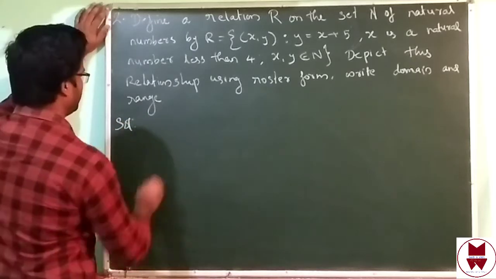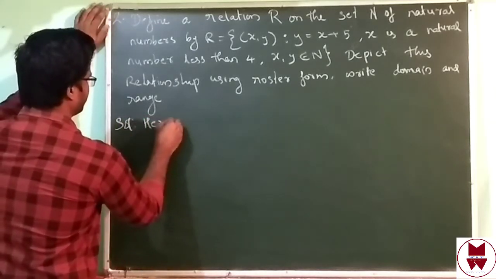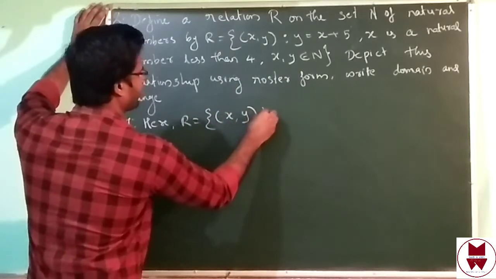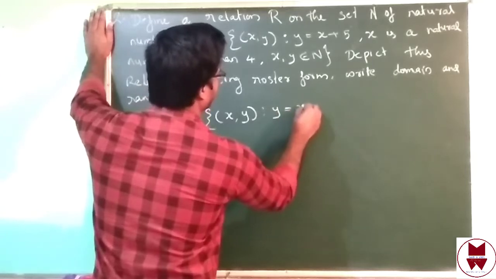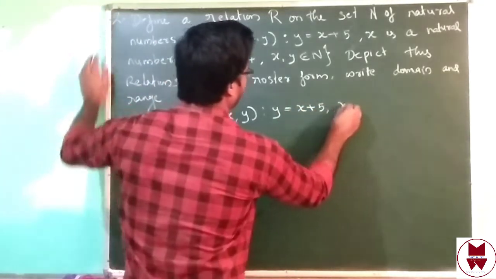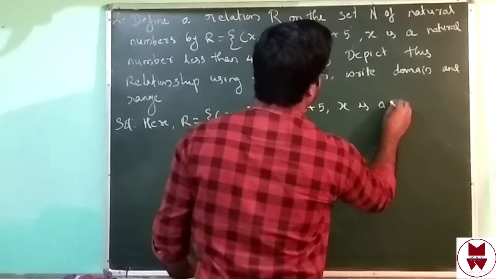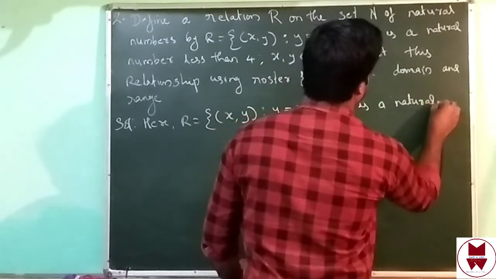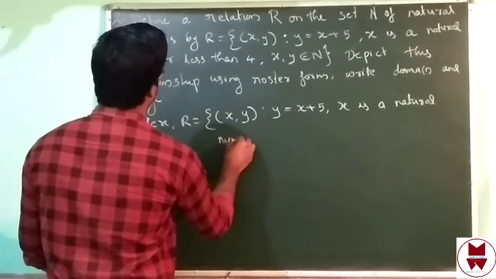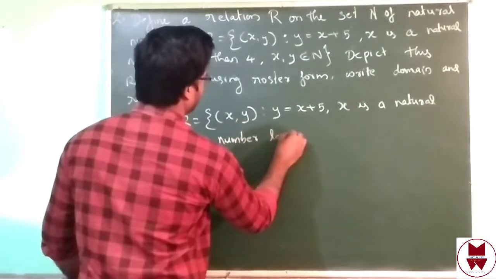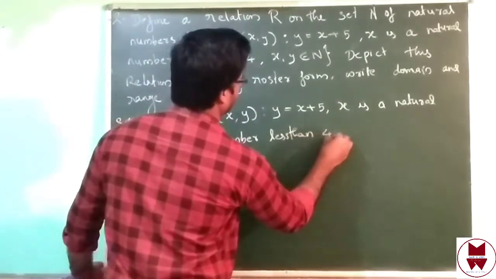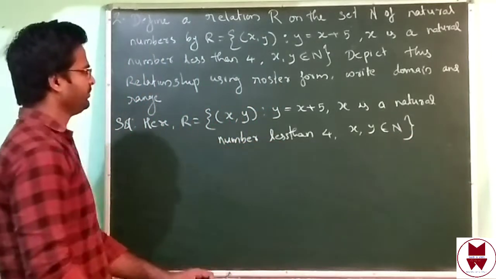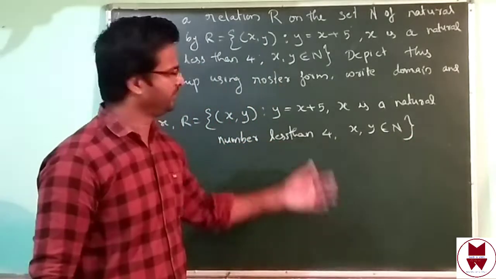Here one relation is given. You can write that relation here. R equal to the set of (x, y) such that y equal to x plus 5, x is a natural number less than 4, x, y belongs to N. This is the given relation, in set builder form.